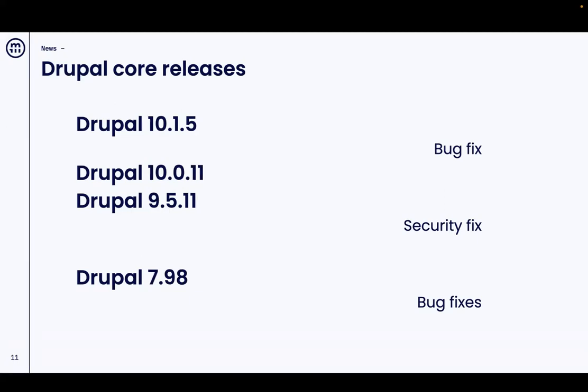That was a bug fix. And as you might have noticed, core releases for Drupal 10.0 and 9.5 have definitely slowed down. The last updates there were the security fix from a number of weeks back. And Drupal 7.98 is eyeing retirement.